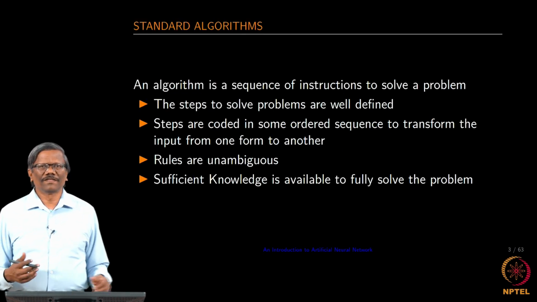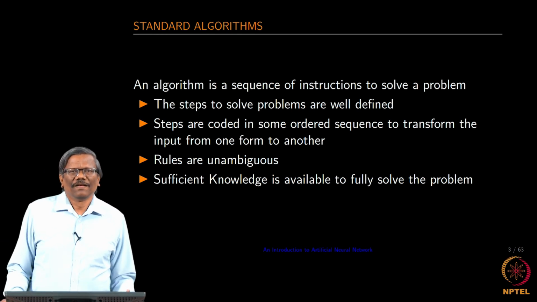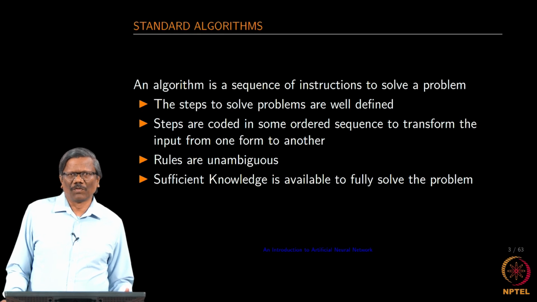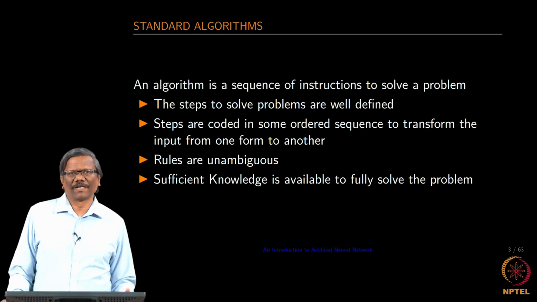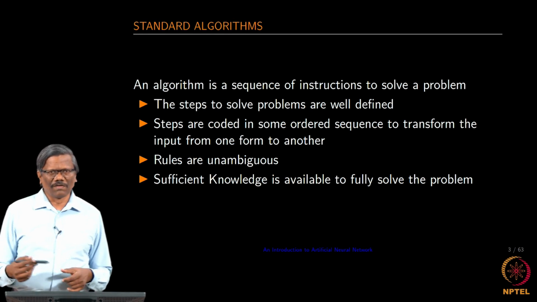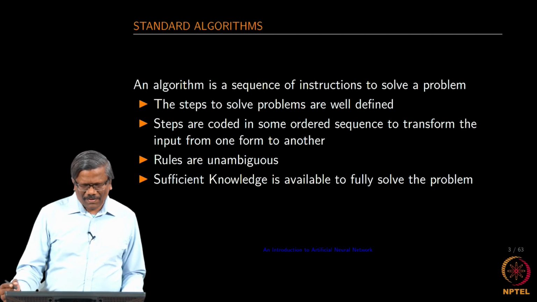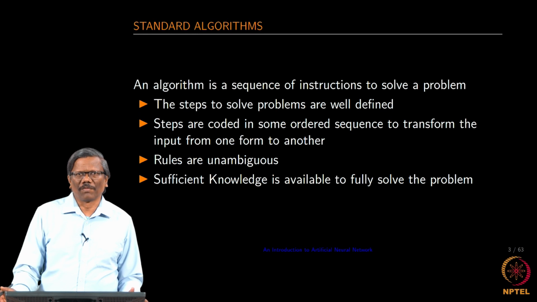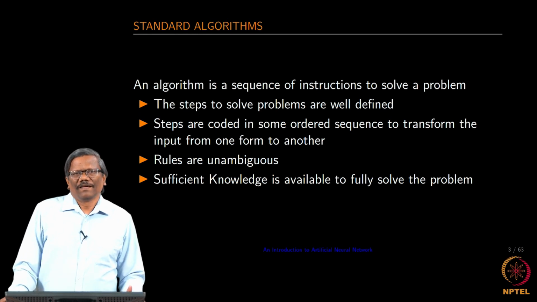Okay. So, this is something that you all know very well. I do not have to explain to you in detail what we do in the standard algorithmic approach, correct. So, I just briefly mention what it is, even though you know all of these. This is nothing but a sequence of instructions to solve a problem, very simple, correct. The steps to solve the problems are very well defined.